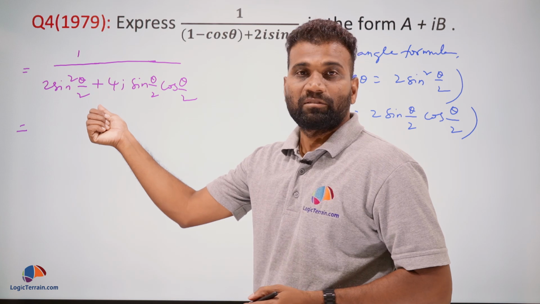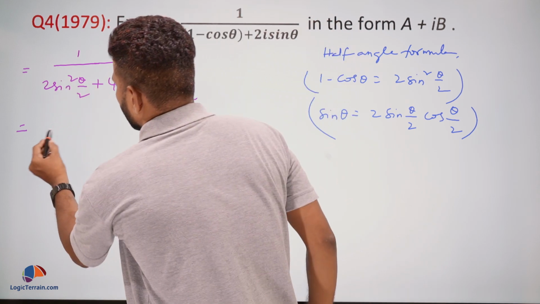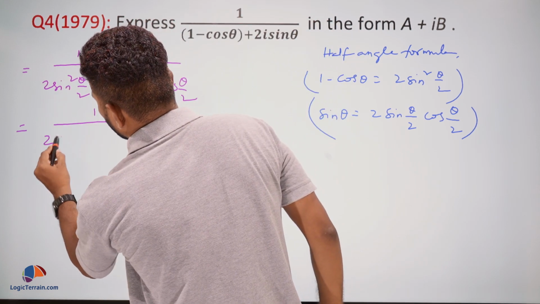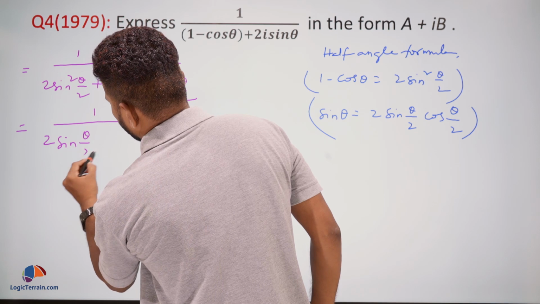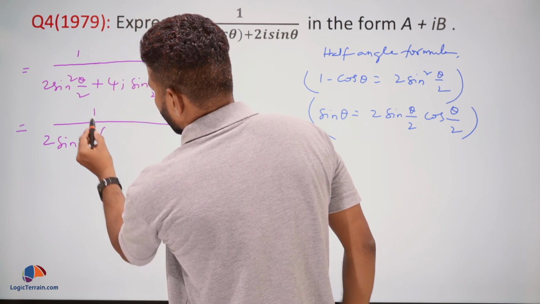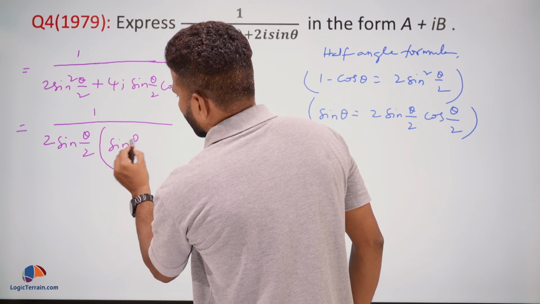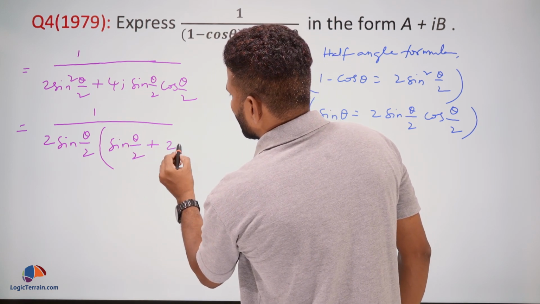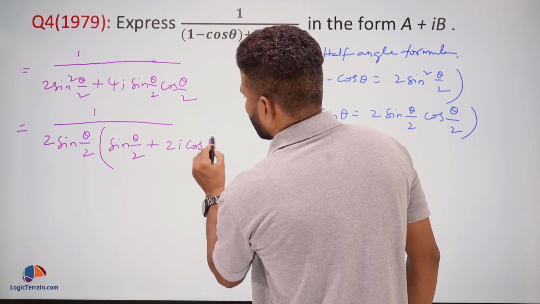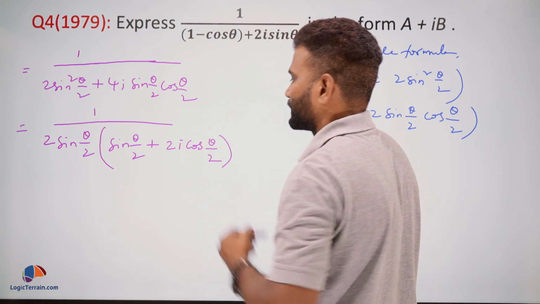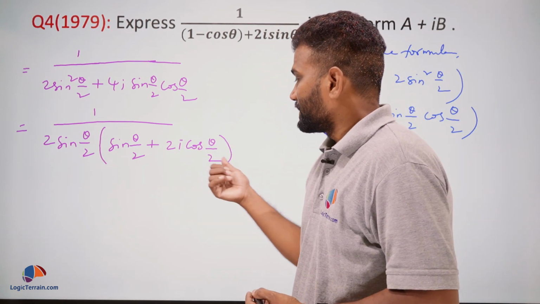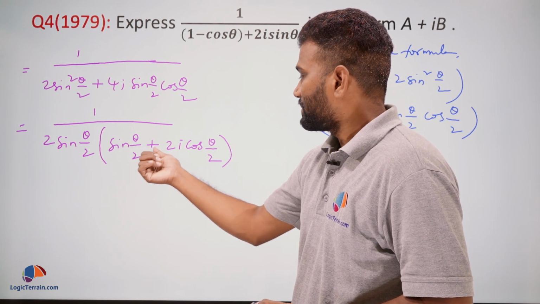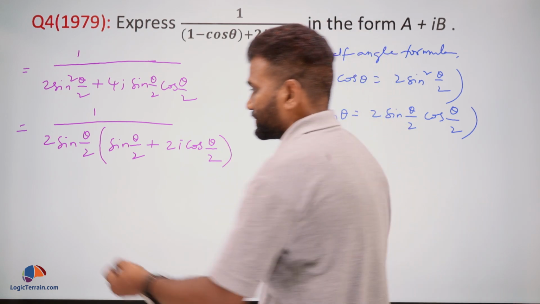From these two terms, we'll take 2 sin theta upon 2 common, that is 1 upon 2 sin theta upon 2. So if you take common, this becomes sin theta upon 2, and here we are left with 2i cos theta upon 2. Now we'll rationalize the denominator with sin theta upon 2 minus 2i cos theta upon 2.